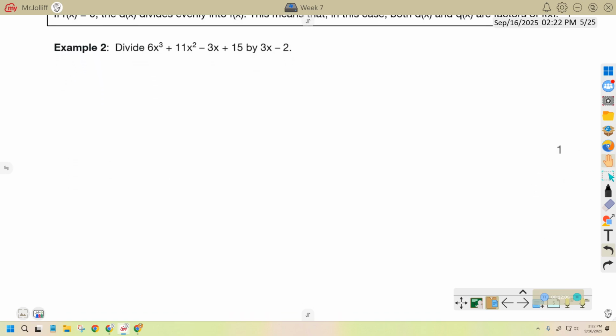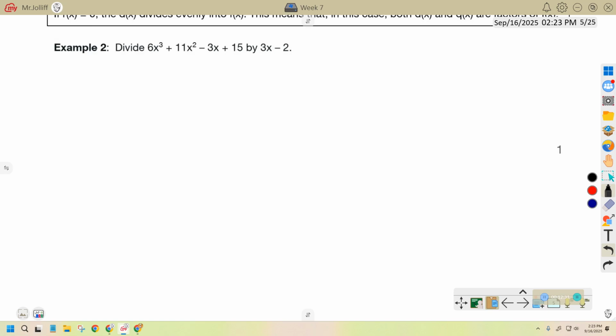I want the example, which says divide 6x cubed plus 11x squared minus 3x plus 15 by 3x minus 2. So the first thing I know, just looking at the structure of that problem, what is the degree on the dividend? 3.